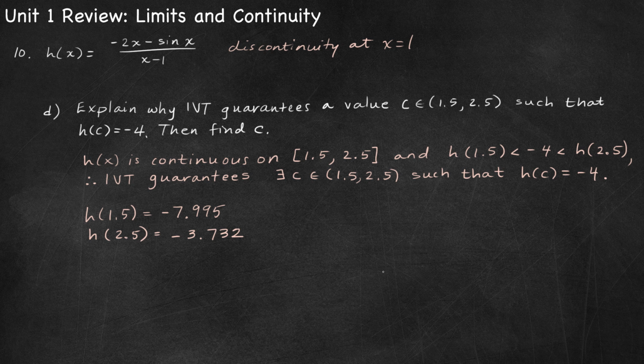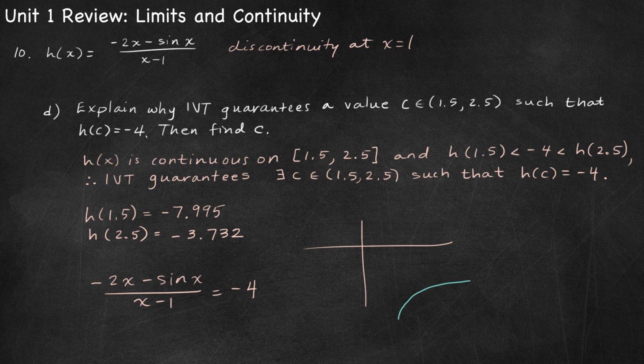Now to find the value of c, we want to set our equation equal to negative 4, but that's not something we're going to be able to solve by hand. So I have negative 2x minus sine x over x minus 1 equals negative 4. I'm going to graph both sides on my calculator and find the point of intersection. And let me do a rough sketch. Left-hand side, our graph is coming in like so.